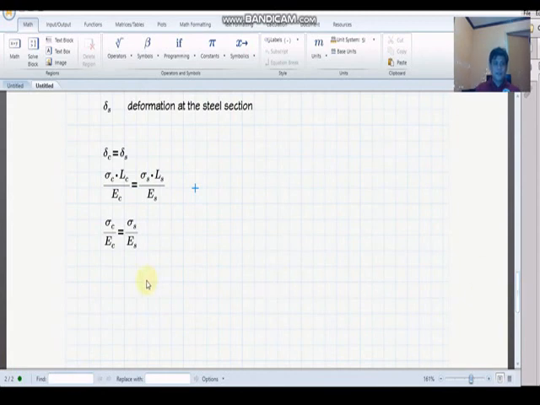Now we're going to express the stress of a particular material with respect to the other material. In this case, since the stress in the steel is greater than the stress in the concrete, it is more convenient to express the stress in steel in terms of concrete.